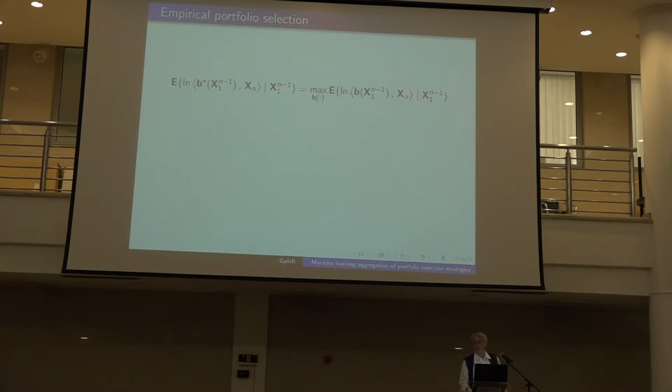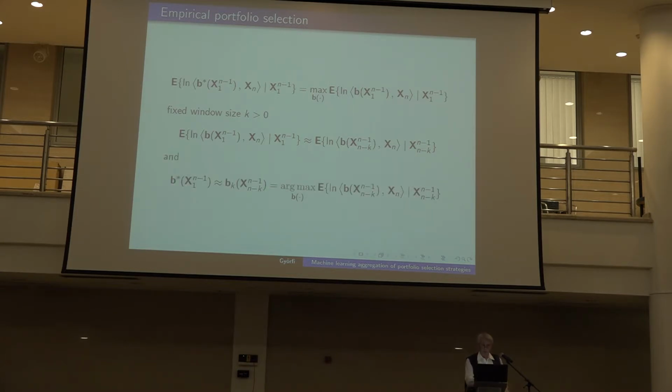It is the definition of log optimality, and for the sake of simplicity, choose a window size k, and instead of taking into account all past data, we just take into account the k-length near past. If k is 1, then we take into account what happened yesterday.